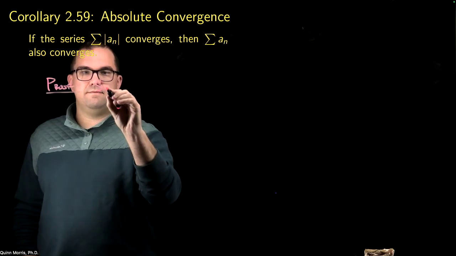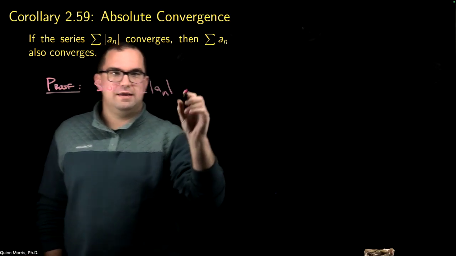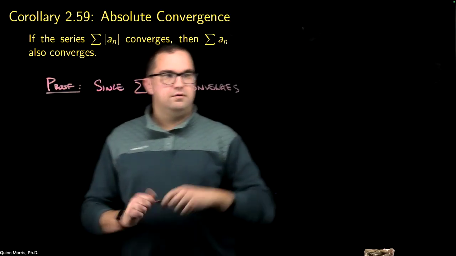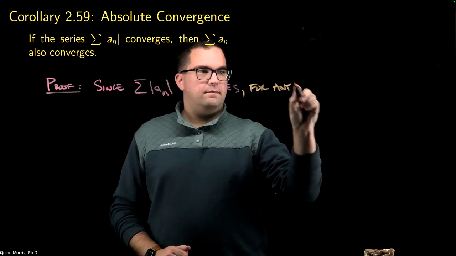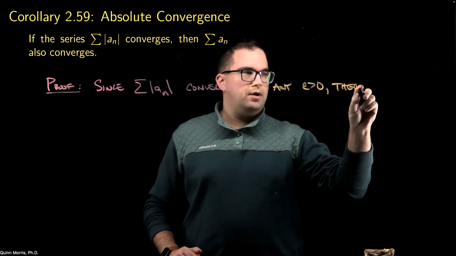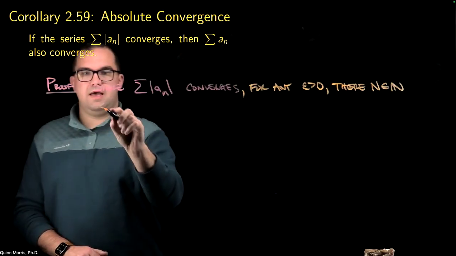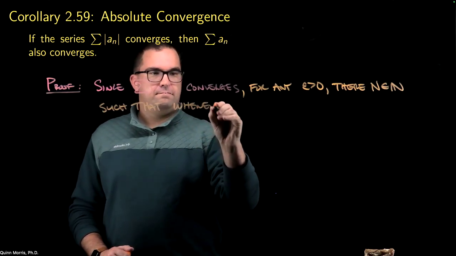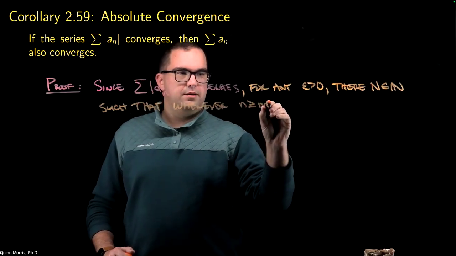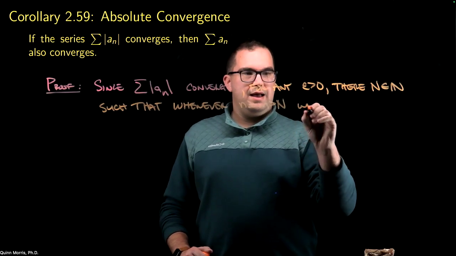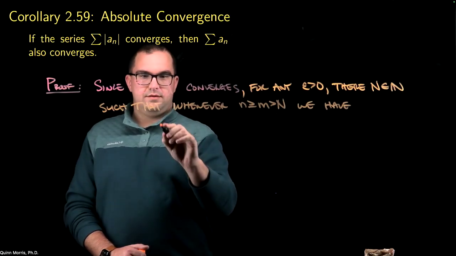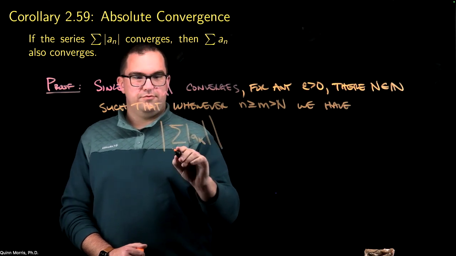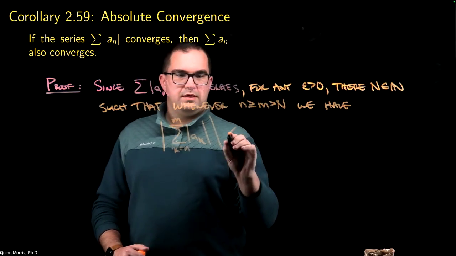Since the sum of the absolute values of the a_n converges, the Cauchy criterion says that for any epsilon greater than 0, there exists a natural number capital N such that whenever m is greater than or equal to n, which is greater than capital N, we have that the sum over k equals n to m of the absolute values of a_k is less than epsilon.